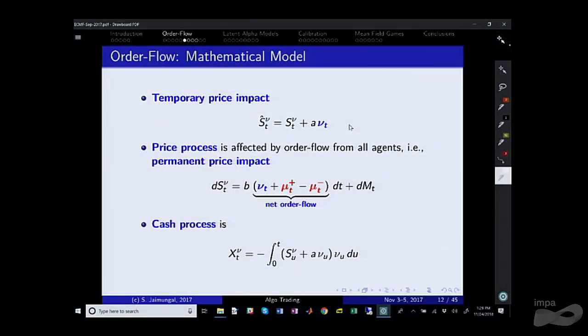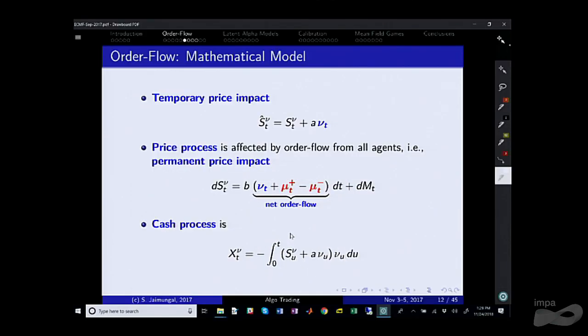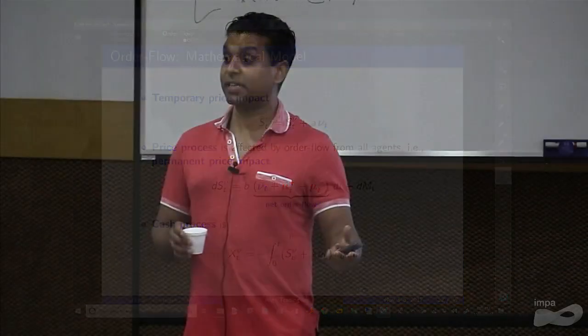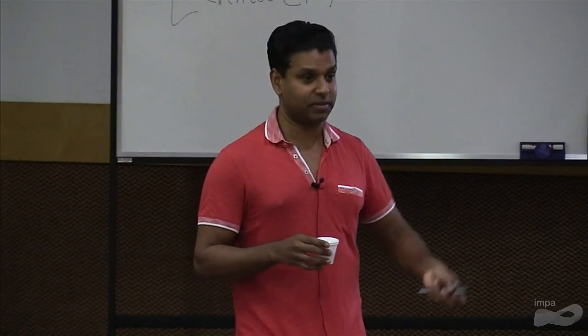If someone trades at that rate, that's the price they will receive. Therefore, the total cash process from trading over some time horizon is given by the integral below. nu_u du is how much you've traded over some short time interval, and the coefficient in front, S plus A nu, is the price that you pay for that. nu being positive means buying, so it's a cost.